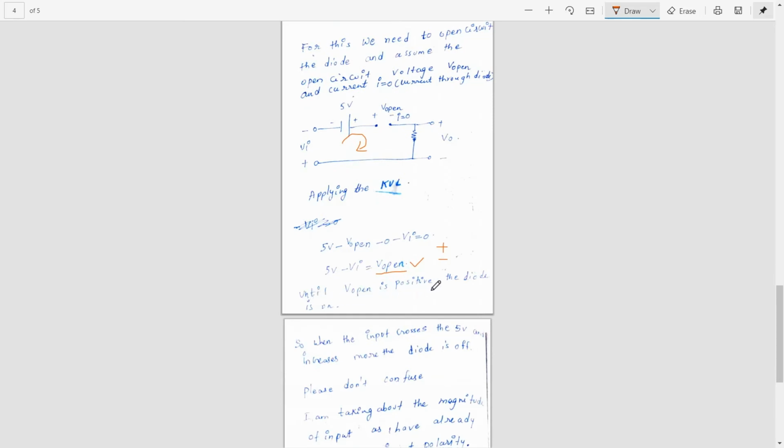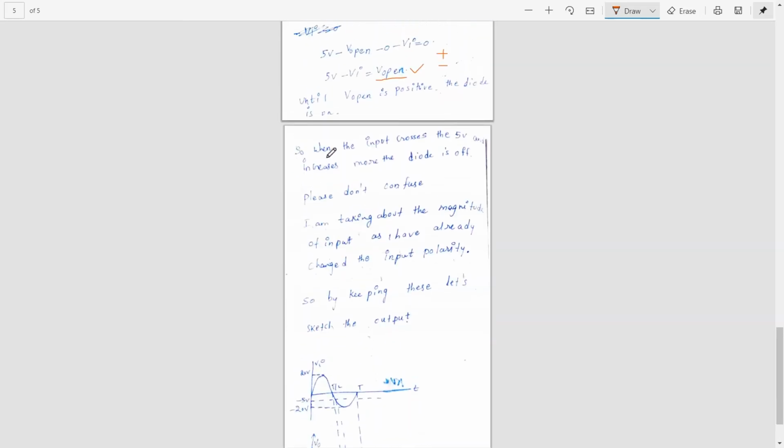Until V open is positive, the diode is on. So when the input crosses 5 volt and increases more, the diode becomes off, that is, for more than 5 volt, the diode is off.